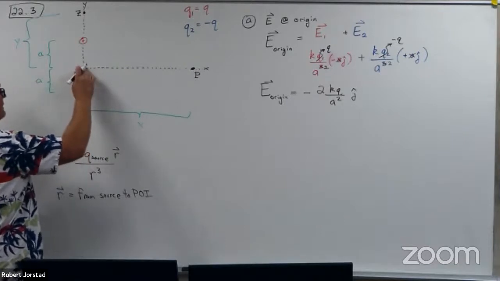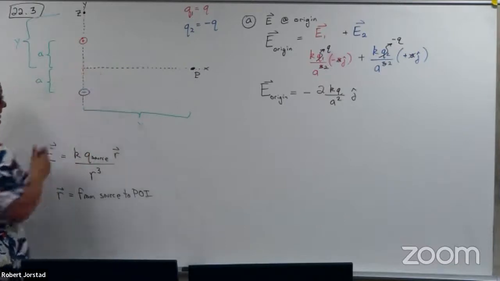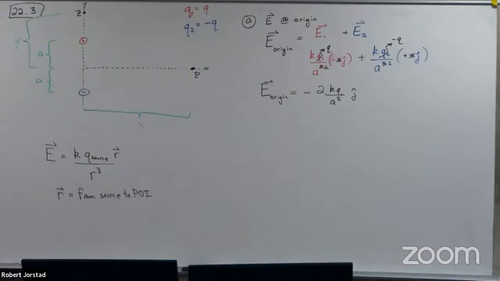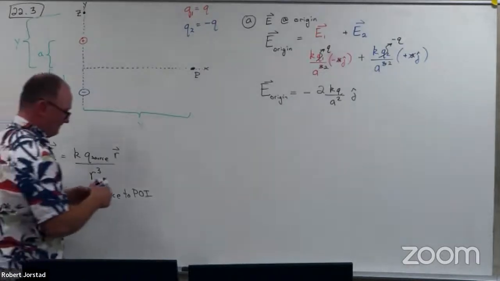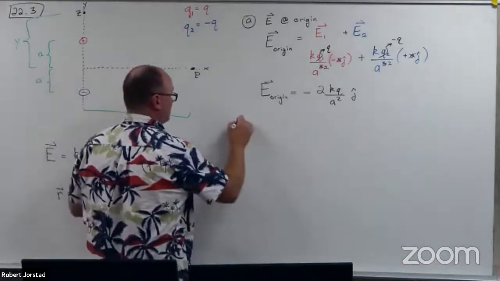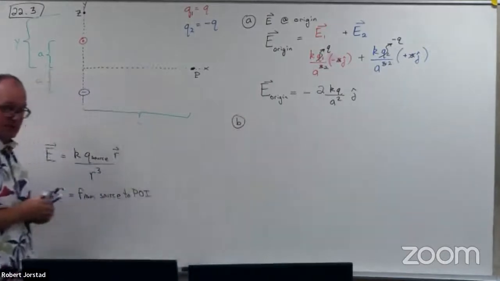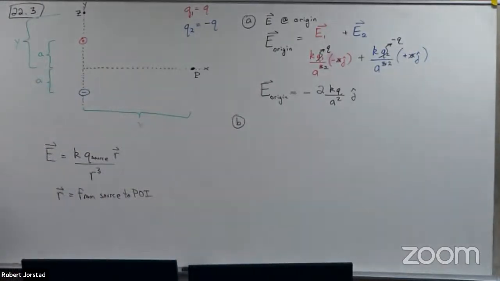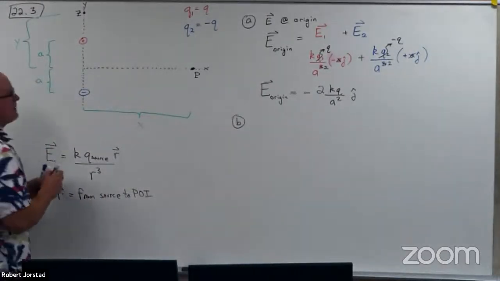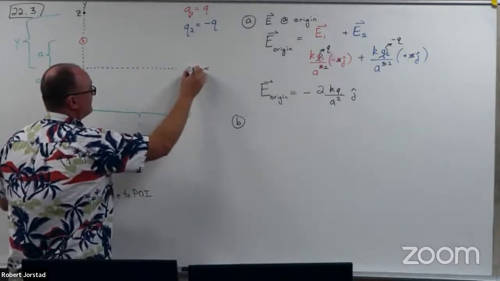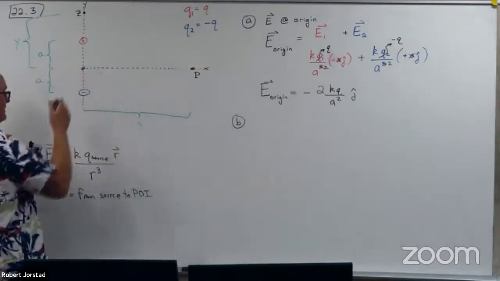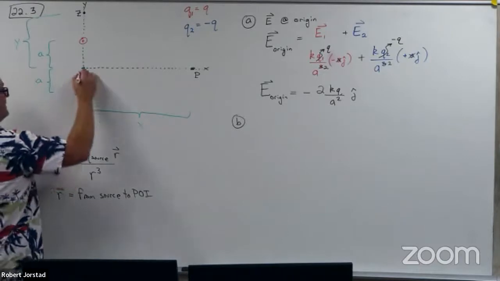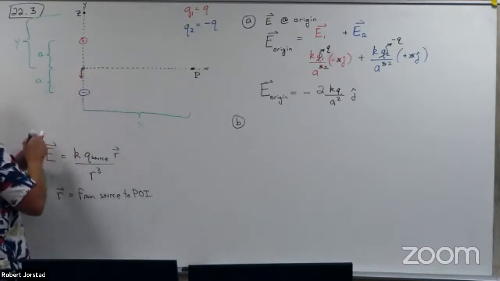All right, so that takes care of the origin. What do you think the next one is? At P. All right, well, let's do our thinking this time. Sometimes if we think first, we reduce calculational effort. If I put a plus charge here, actually, maybe I'll leave this other one here, and we said there should be a red down and a blue down.